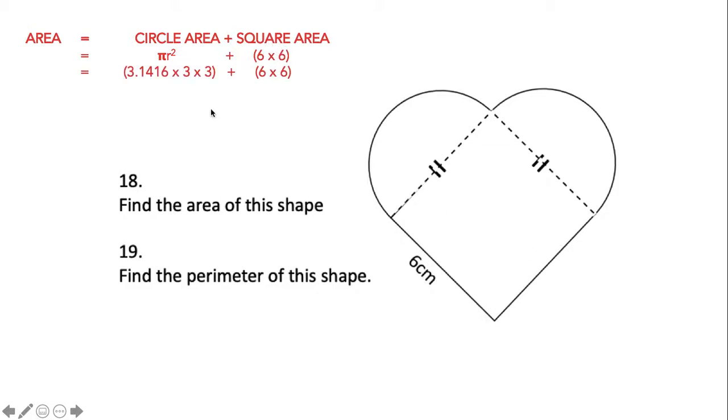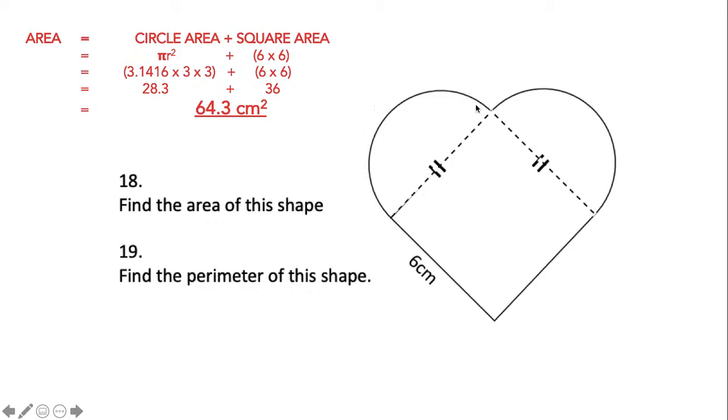So altogether that's pi times 3 squared for the radius, plus for the square bit 6 times 6, as I said before. So you work that all out and it comes to about 28.3 plus 36, so that gives you an area of 64.3.